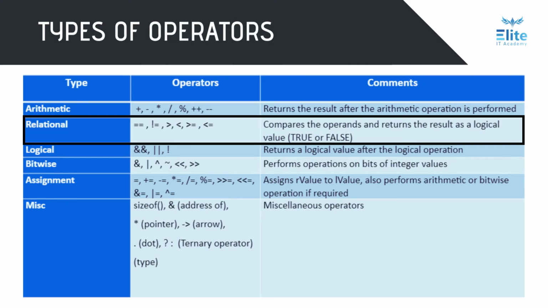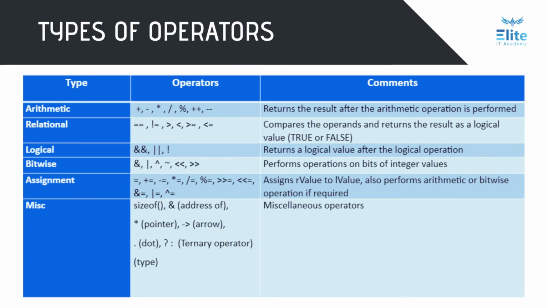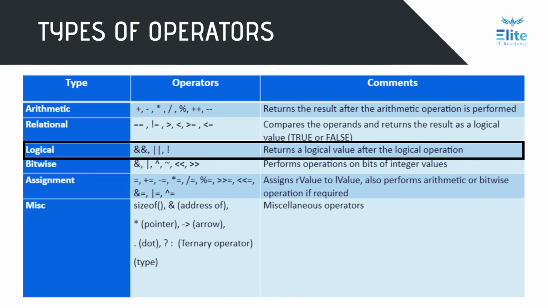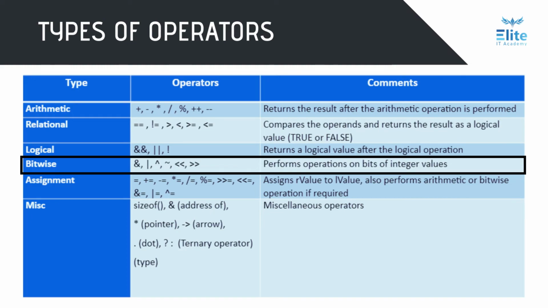Relational operators that compare their operands and return a true or false value. Logical operators that combine multiple relational operators in an expression and are used in conditional expressions. Bitwise operators that perform operations like setting, resetting, and inverting individual bits of a binary value.